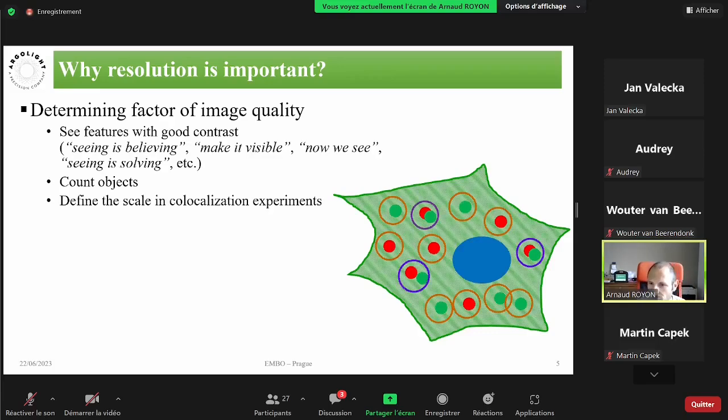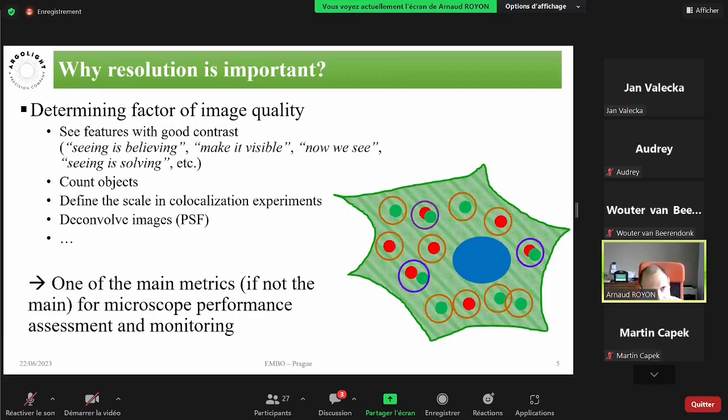In colocalization experiments, the spatial resolution of the system defines basically the scale of the experiment. If you want to deconvolve an image, it's better to acquire the PSF of your imaging system. And I'm sure I forgot many other applications. That is why resolution is one of the main metrics, if not the main, for microscope performance assessment and monitoring.